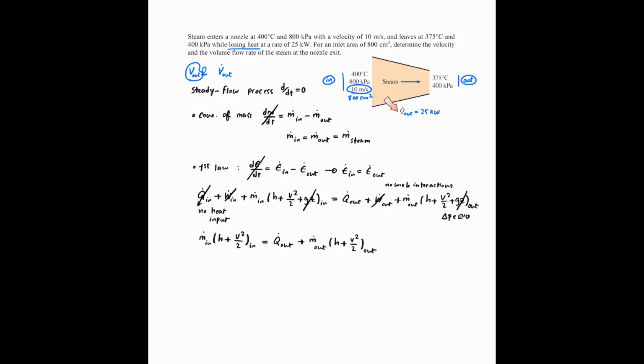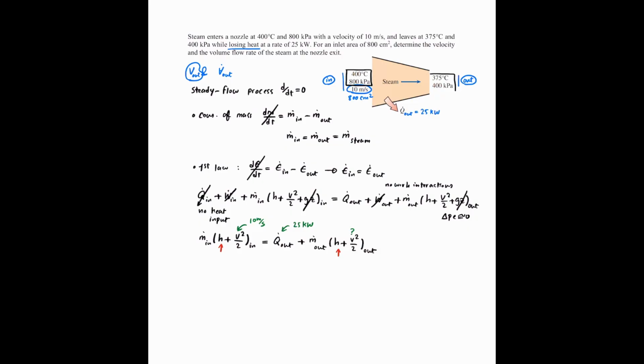So let's see what is given. V in is given, 10 meters per second. Q dot out is given, 25 kilowatt, and I'm interested in V out. What about enthalpies? We are dealing with steam, and I see that at the inlet, temperature and pressures are given.